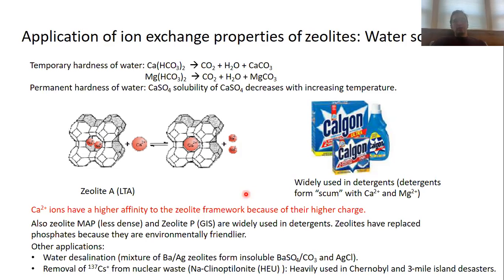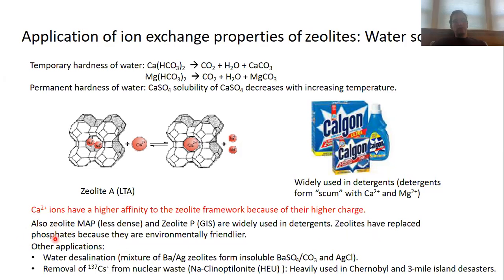All right, so the zeolite A is not the only zeolite which is used for ion exchange. Also other zeolite structures can be used, MAP or the GIS structures of zeolites. They are beneficial over phosphates simply because they're inorganic substances that are biologically inert.